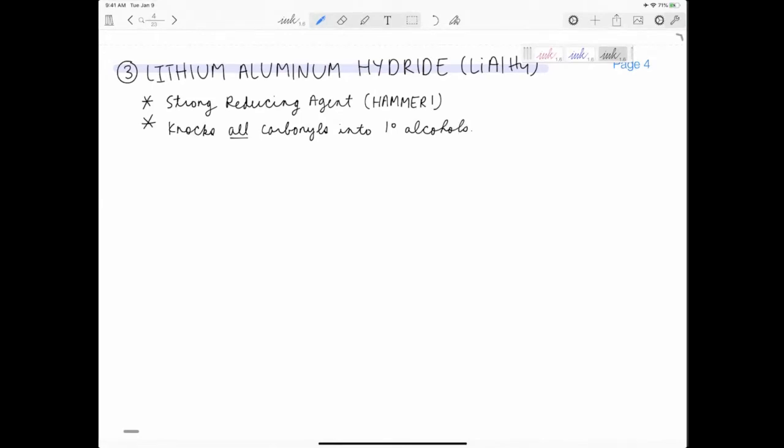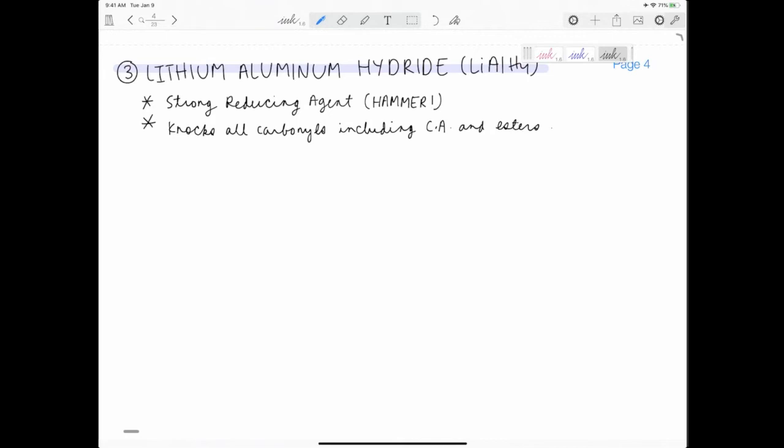Okay, let's look at some. Oh, sorry. Okay, now let me write it a little bit better because if you have a ketone, it doesn't reduce it to a primary alcohol. So it knocks all carbonyls, including carboxylic acids and esters.